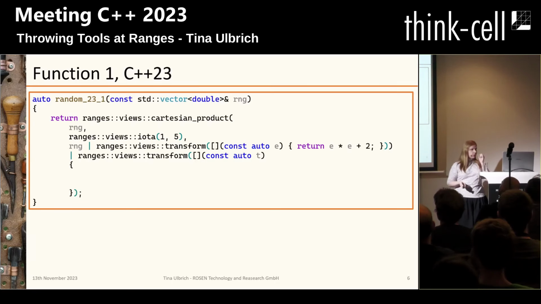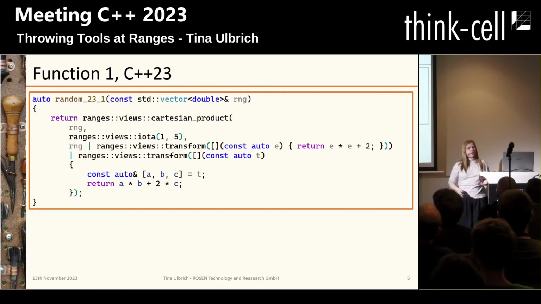So I call transform. Transform gets a tuple of the references of all the elements. I love structured bindings, so I always use them. I hate the get syntax. And then I just do something with the values. Again, it does not have to make sense. I just need to use all the values in some way. And I'm going to return this view.